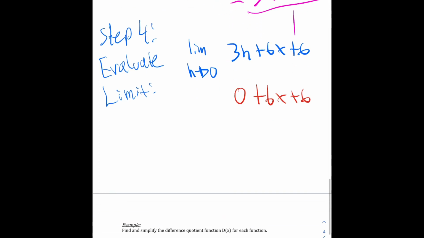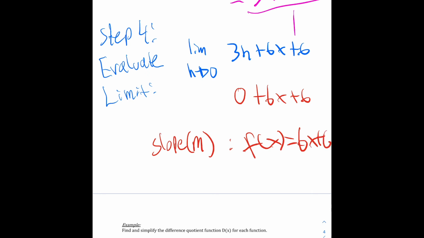So my limit of the function is going to equal, or the slope of the line tangent is going to equal 6x plus 6. So the slope of my original function, we'll call it m, of the line tangent to f of x equals 6x plus 6.